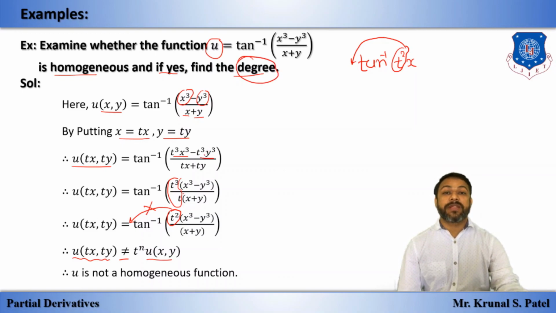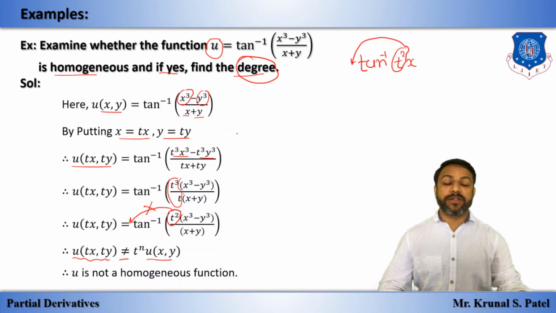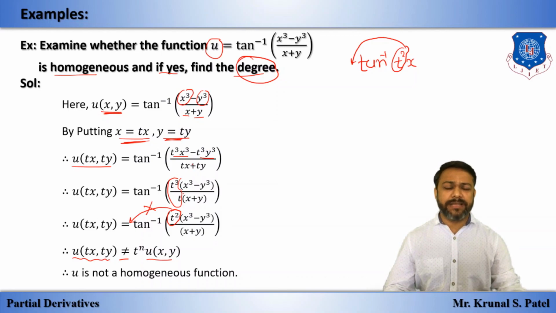Okay, so how can we check whether a given function is homogeneous or not homogeneous? We have seen by three different examples. Whenever a function is given, you have to write down x and y, and by replacing them, you have to go step by step. You can do some steps directly, but I'm explaining the basics, so I have written so many steps.